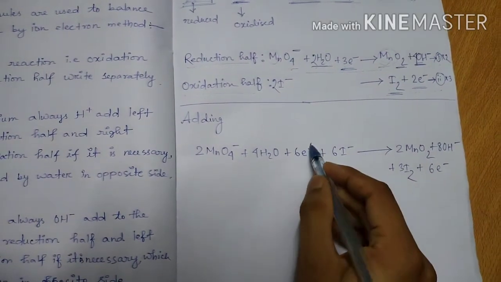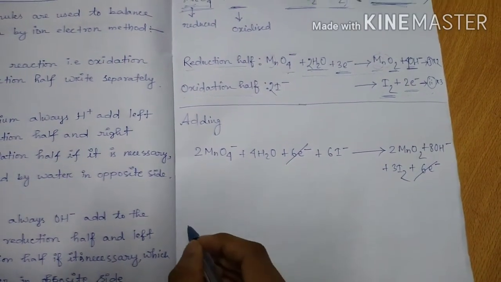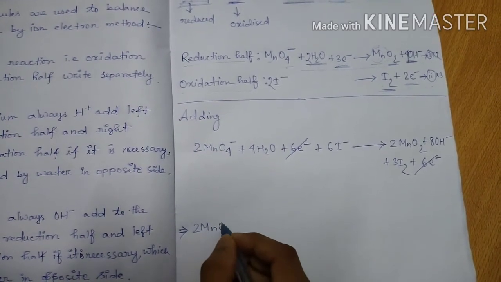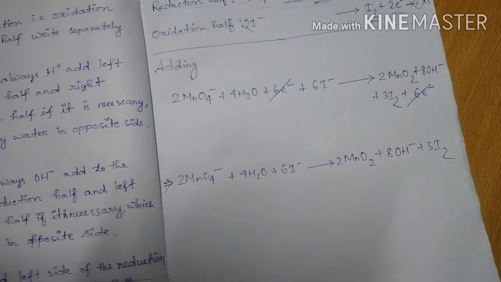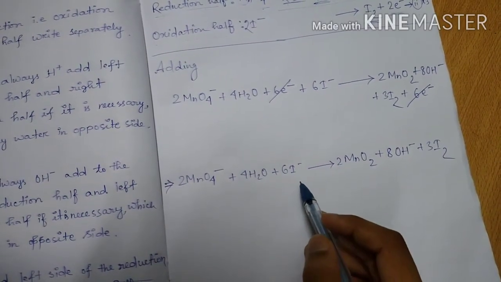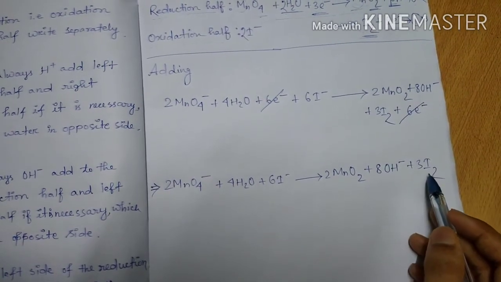Now you see this 6 electrons and 6 electrons on both sides will get cancelled. So our reaction will be 2MnO4 negative plus 4H2O plus 6 I negative gives 2MnO2 plus 8OH negative plus 3I2.